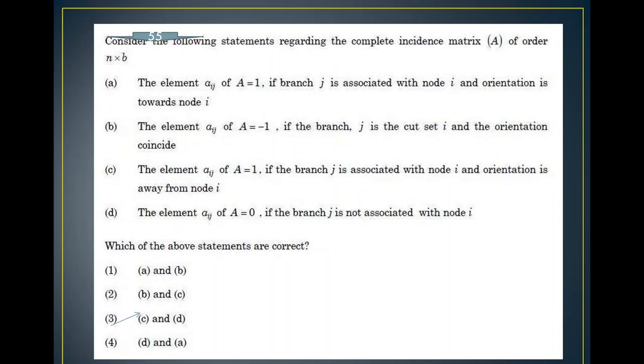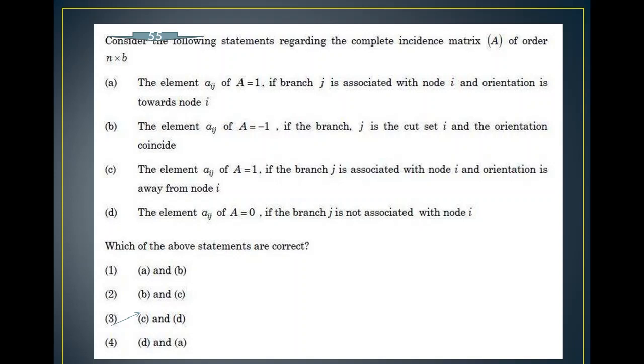Consider the following statements regarding the complete incidence matrix of order n cross b. Statement A. The element aij of A equals 1 if branch j is associated with node i and orientation is toward node i. Statement B. The element aij of A equals -1 if the branch j is in cut set i and orientation coincide.